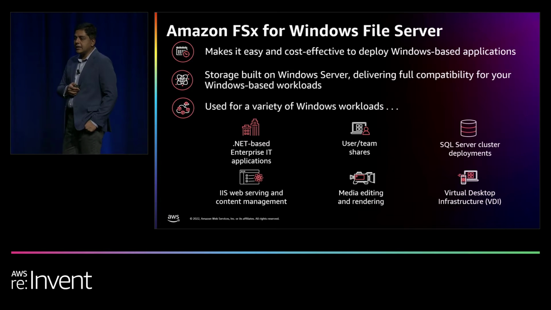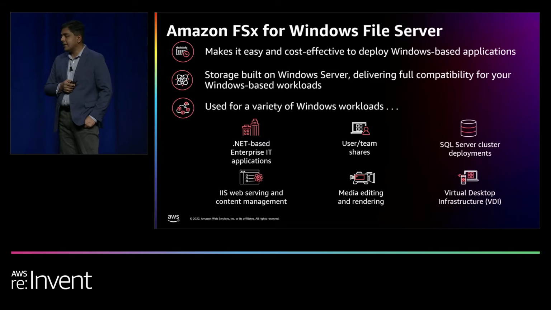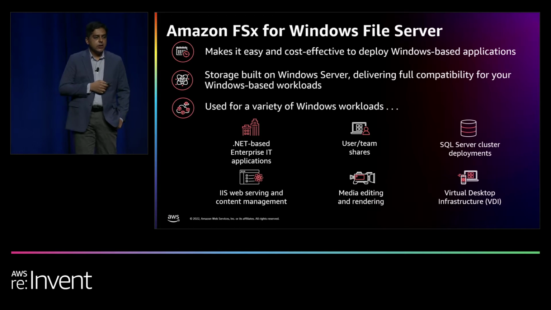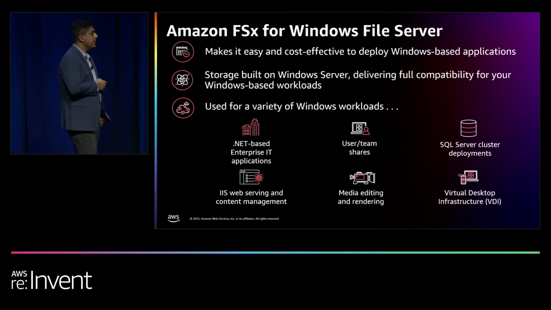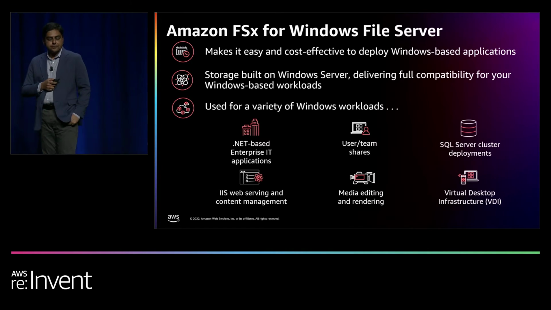It's used for a variety of different Windows workloads. We have customers running their .NET-based enterprise IT applications, user and team shares, SQL Server cluster deployments, including highly available SQL Server failover cluster instances, IIS web serving, document content management, image content management, and so on.